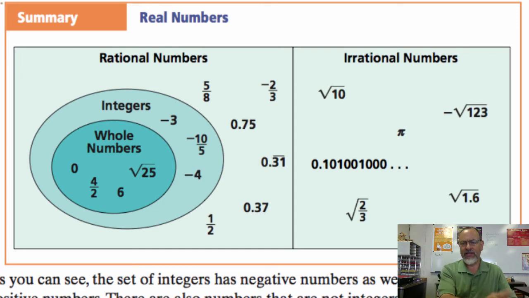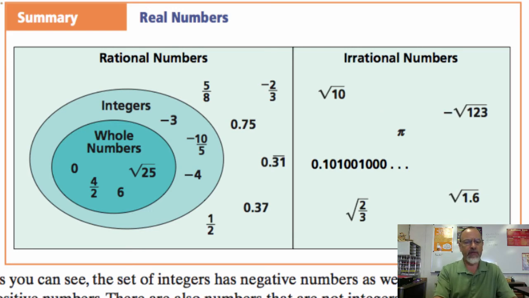If the number ends or repeats, it's a rational number. So any number that has a decimal that ends or repeats is a rational number. Any number whose decimal doesn't end or repeat is what we call irrational. And we're not going to spend a lot of time on it, but examples are the number pi or the square root of a non-perfect square. The irrational numbers, that's as specific as we can get with those. There are no other classifications for that box.